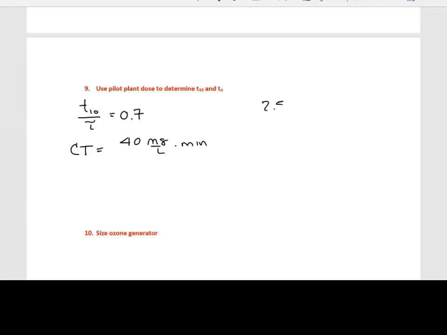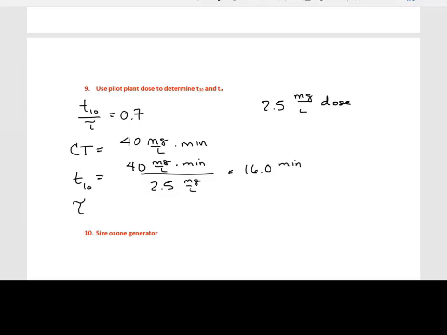And we were told to start with a 2.5 milligram per liter dose as the trial. So if we start there and T10 times C is equal to 40 milligrams per liter minute, we divide that by 2.5 milligrams per liter, dividing by the concentration, and that equals 16 minutes.